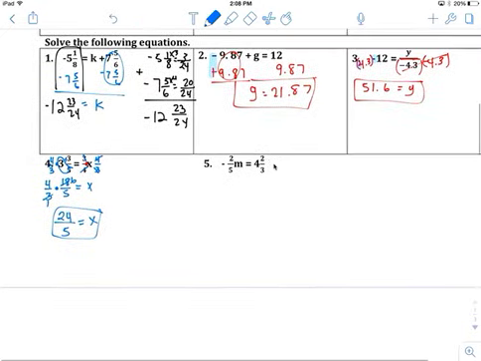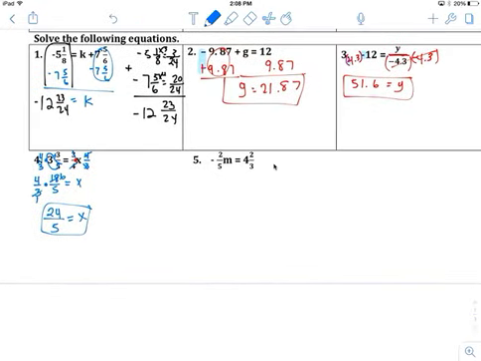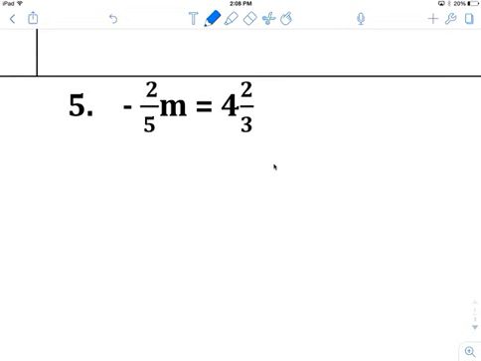Doesn't matter. Same thing here, number 5. This is times, so you got 2 over 5. You would make it into division. Division, you have to take its reciprocal, 5 over 2, negative. m equals negative 5 over 2.